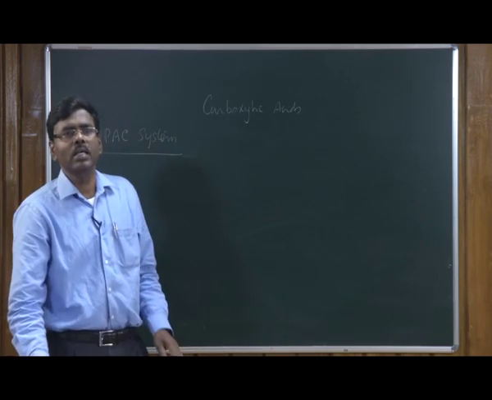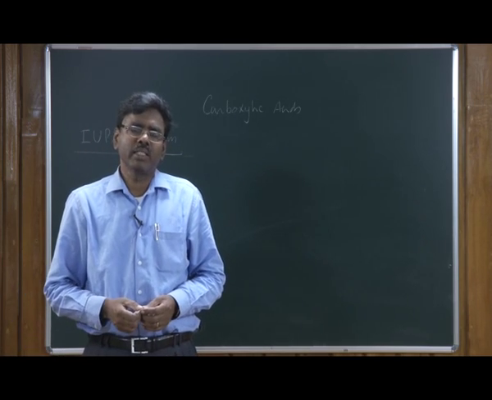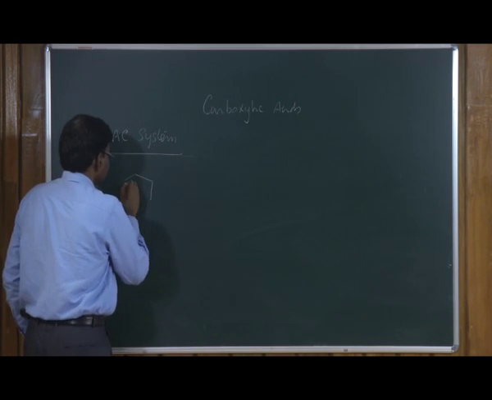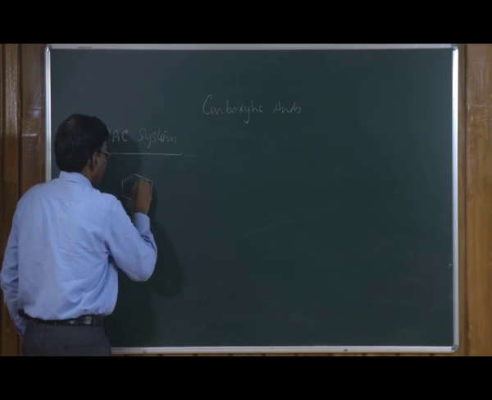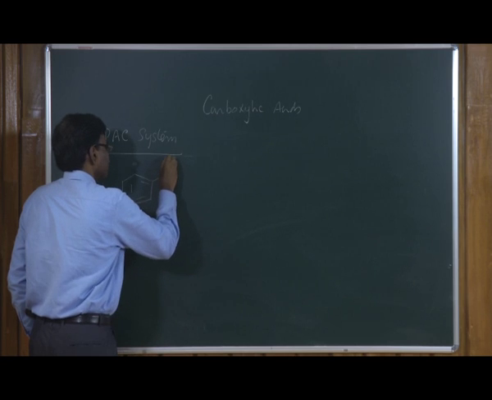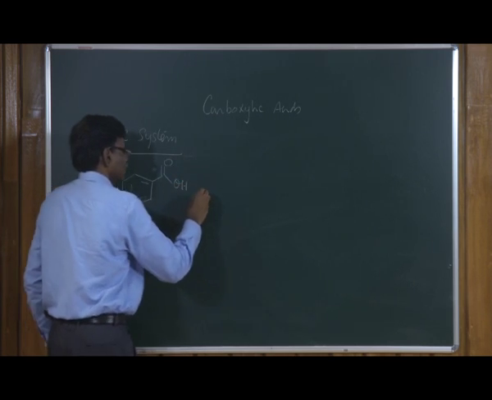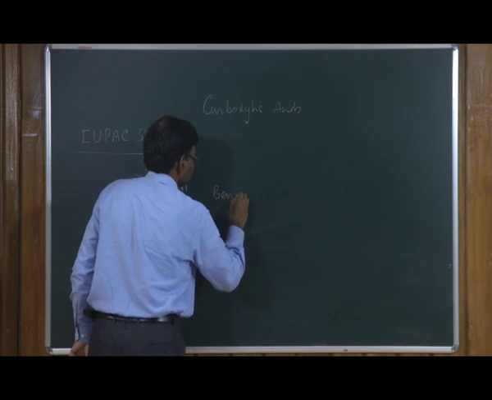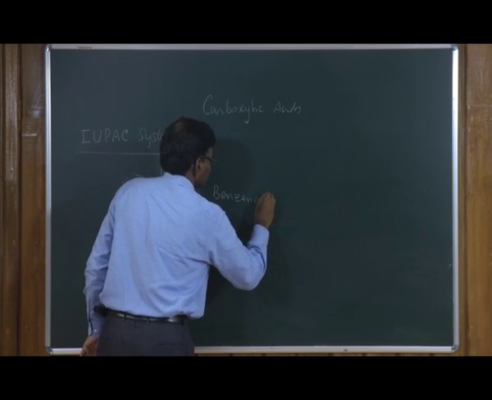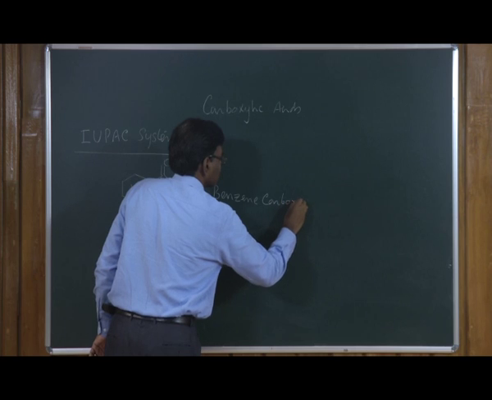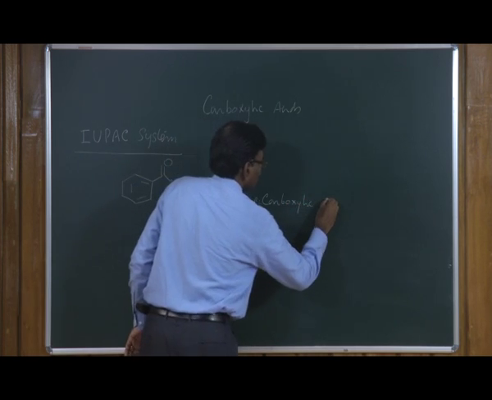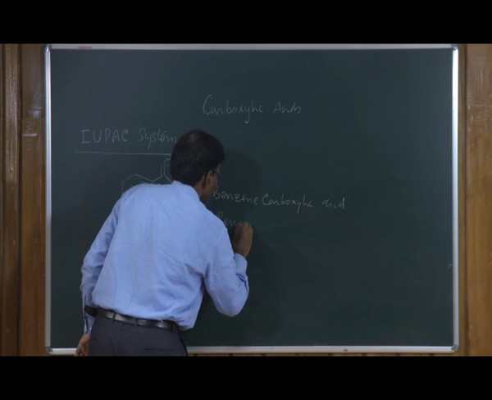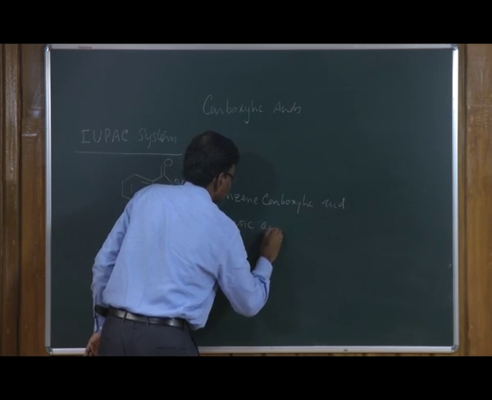Now, let us look at examples for aromatic carboxylic acids. This in the IUPAC system is known as benzenecarboxylic acid. Benzoic acid also is used in the IUPAC system.